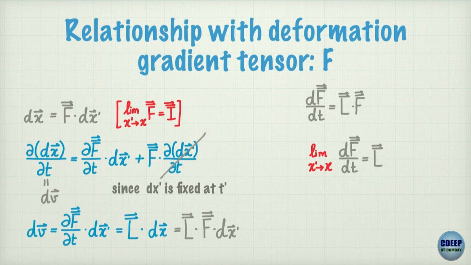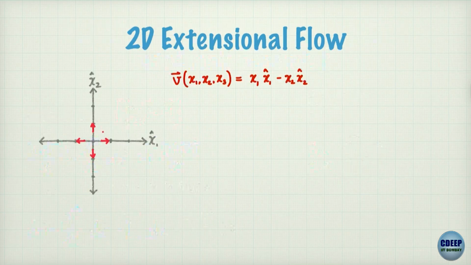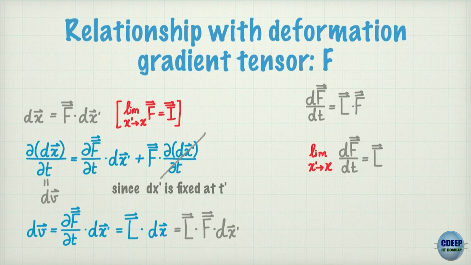So, we are equating these two. L dot dx is coming from the definition of the velocity gradient tensor, and this is what we have just derived. Now, further dx can be written as F dot dx', what we defined F using. So, now we equate these two, right. dx' is the same. So, therefore, dF/dt becomes equal to L dot F. Okay, that is what we have written on the right hand side.